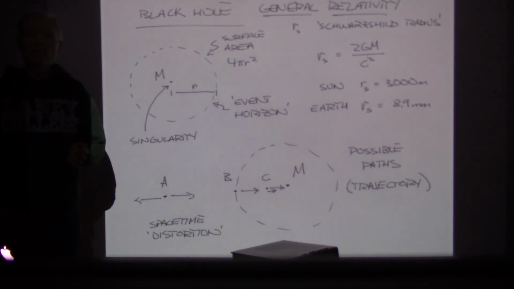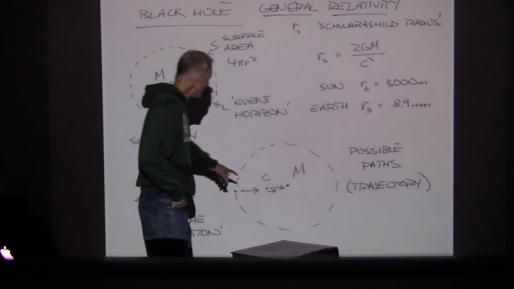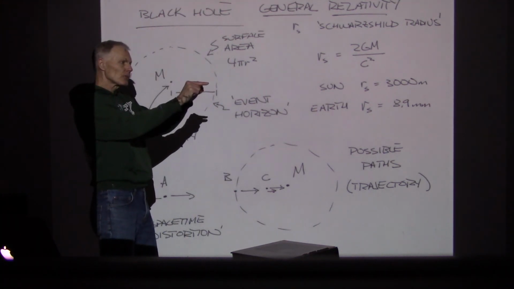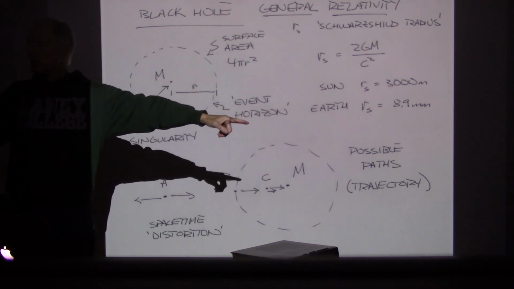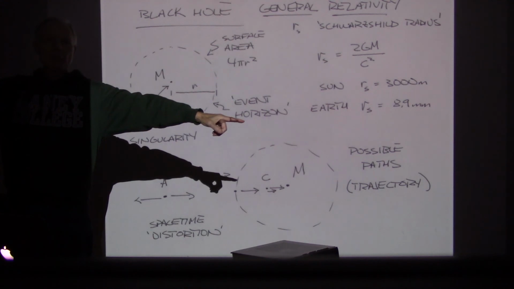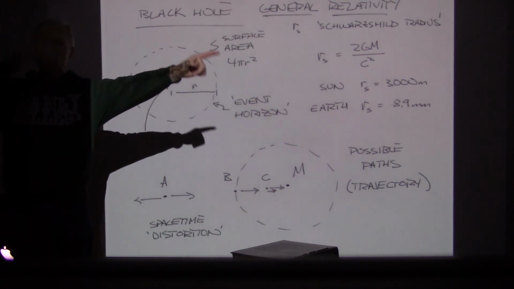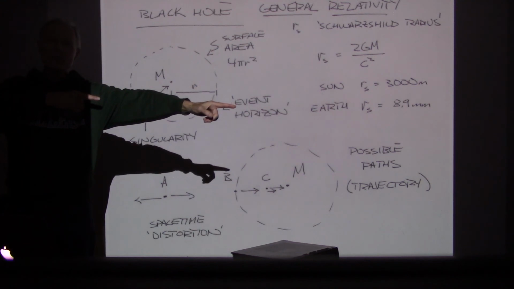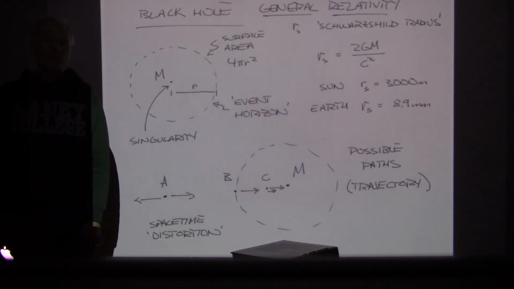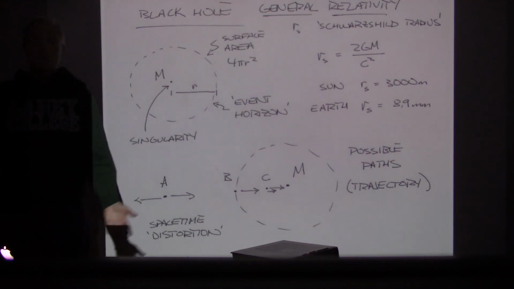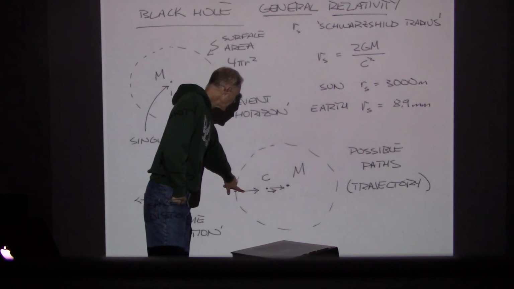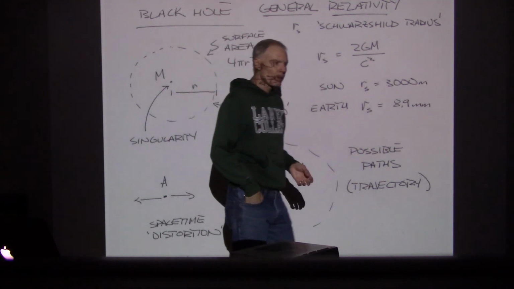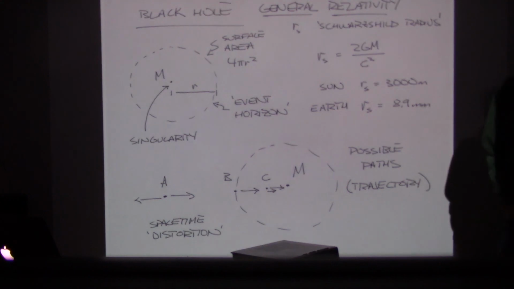It's gone, and what you're finding instead is that both paths lead towards the center now. Instead of one path leading towards the center and its opposite path leading in the opposite direction, both of those paths are leading towards the center, because space itself has become so distorted. Now this applies for light also. If light were generated inside the event horizon, there are no paths leading outside of it.